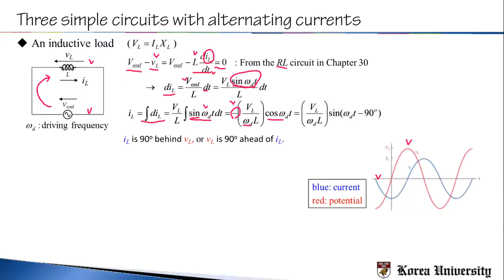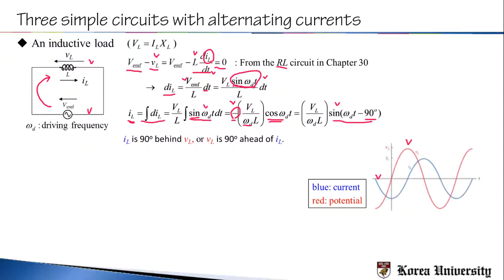Let's take a look at it a little bit more closely. Again, from high school mathematics, this minus cosine is equal to sine omega dt minus 90 degrees. So the angle of the current in the sine function is 90 degrees smaller than the angle of the sine function in the potential, right?